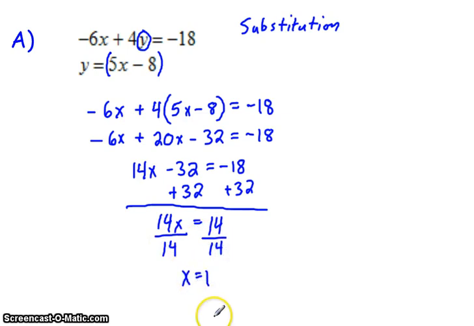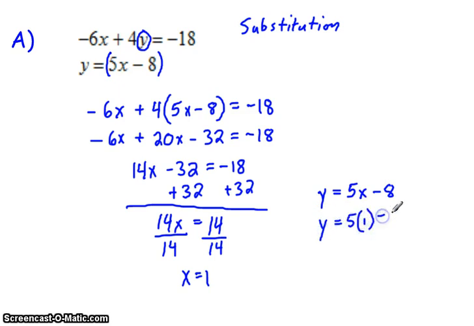So I got x equals 1. Using substitution, and I like substitution for one thing. It always makes the subbing in really easy because you always plug it into the one that's already isolated. So this is y is equal to 5x minus 8, so this would be 5x minus 8, and now I'm going to sub in that 1.